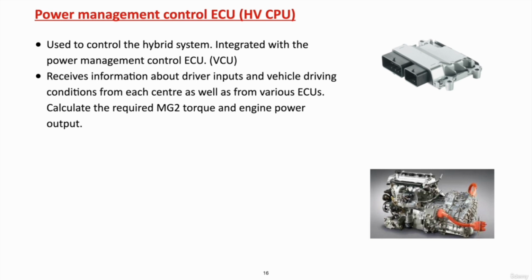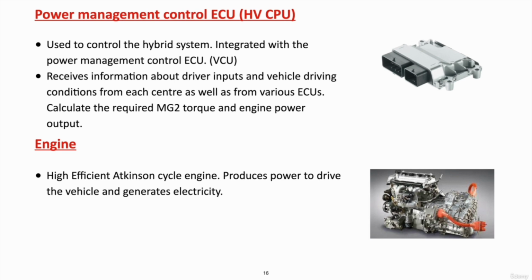It receives information about driver inputs and vehicle driving conditions from each sensor as well as from various ECUs. It helps to calculate the required MG2 torque and engine power output.